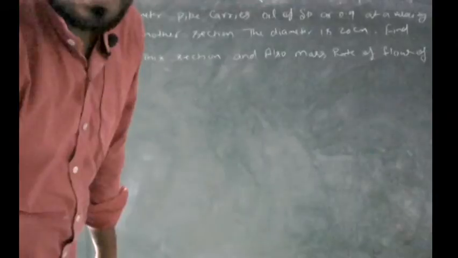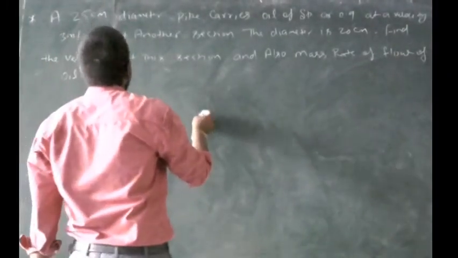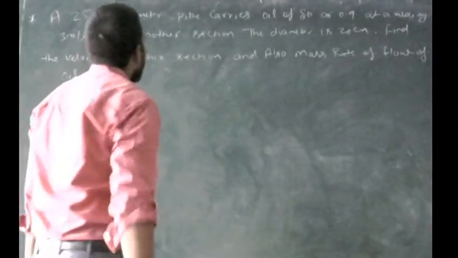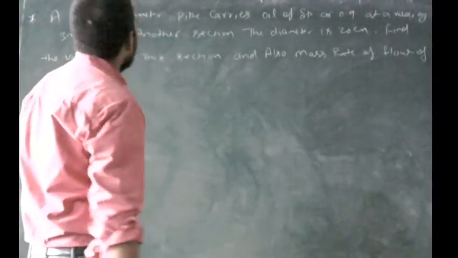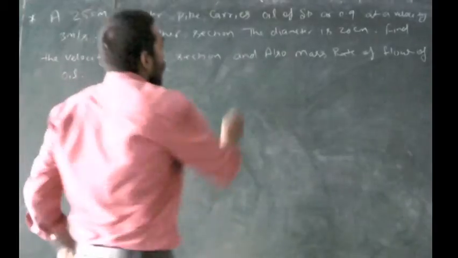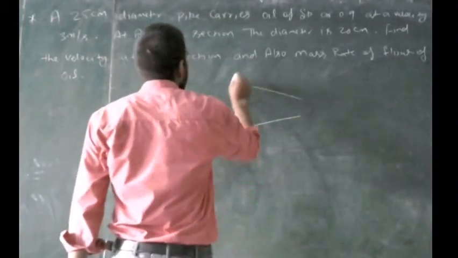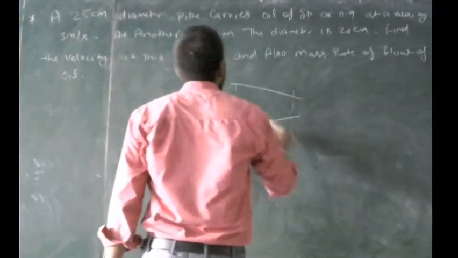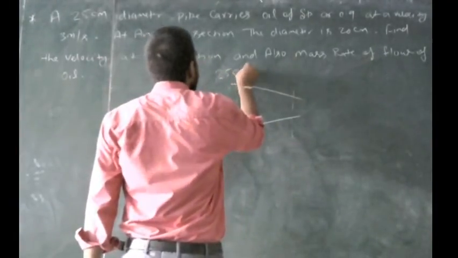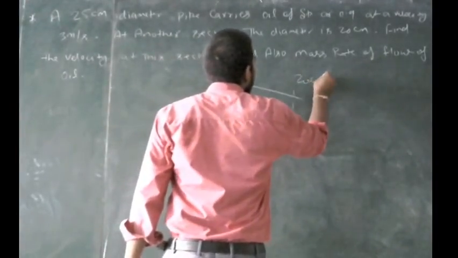In this question, a 25 centimeter diameter pipe carries oil of specific gravity 0.9 at a velocity of 3 meter per second. At another section, the diameter is 20 centimeter. Then it is clear, 25 centimeter and 20 centimeter.